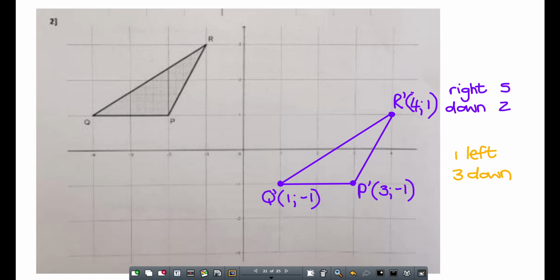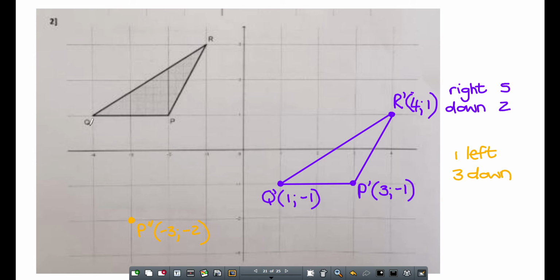Okay. So let's start with P again. One left and three down. So one and then three down. 1, 2, 3. So it's going to be here. And what do I call it? Just P with 2 commas. Minus 3 and minus 2.